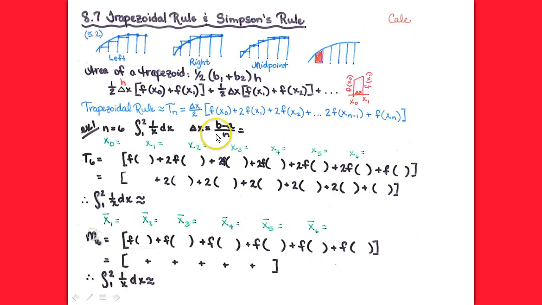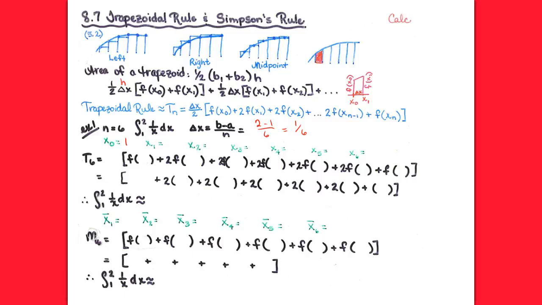Okay, so if we have n equal to 6, change in x is going to be the same as it has been all the way back to chapter 5. Change in x is just going to be b minus a over n. So this is my lower limit of integration, that's my starting point a. Upper limit of integration, my stopping point b. So b minus a over n gives me a change in x of 1/6. My starting point, again, as we said, is 1.